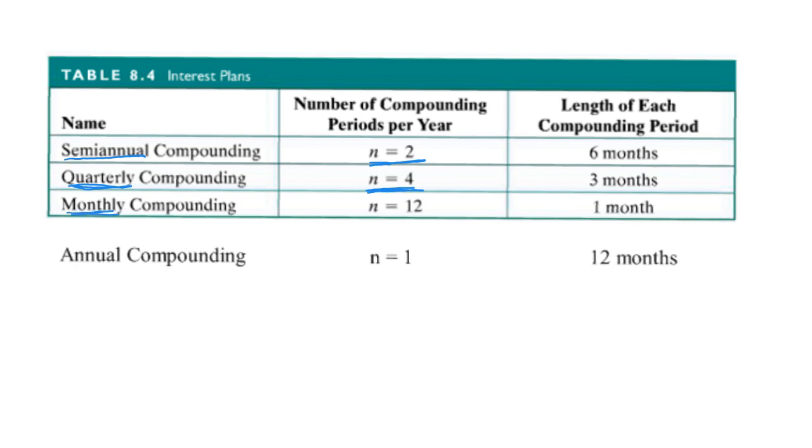Monthly, n is equal to 12. And if it says annually, that is just 1 time a year. Or if it says something like daily compounding, it depends on the information given to you.